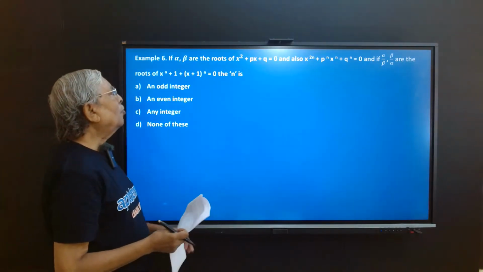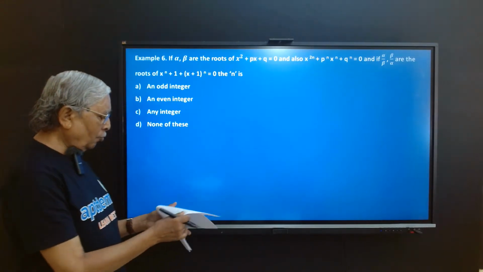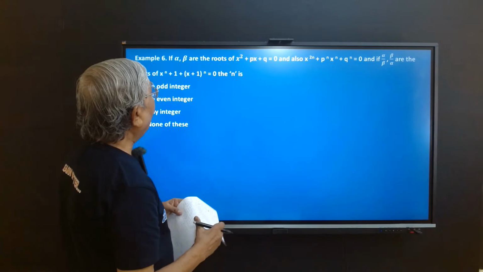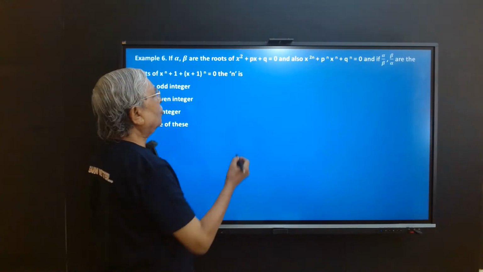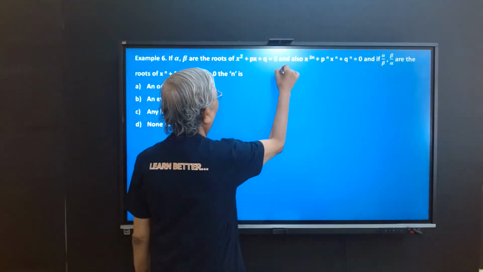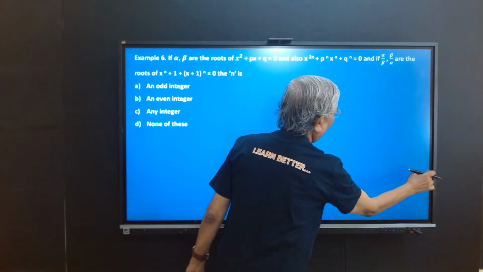So first look at what you are given. Alpha, beta are the roots of the equation x squared plus px plus q equal to 0.